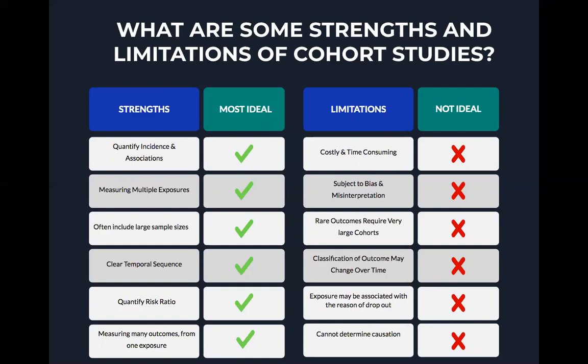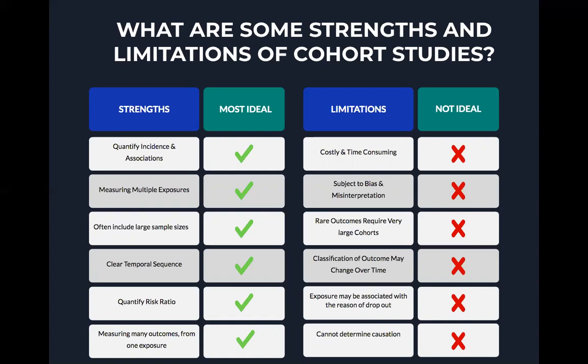It has a clear temporal sequence, meaning that it can show that one thing leads to another and not the other way around, like smoking leads to lung cancer. You can calculate a risk ratio from it, and it can measure a lot of outcomes from one singular exposure.